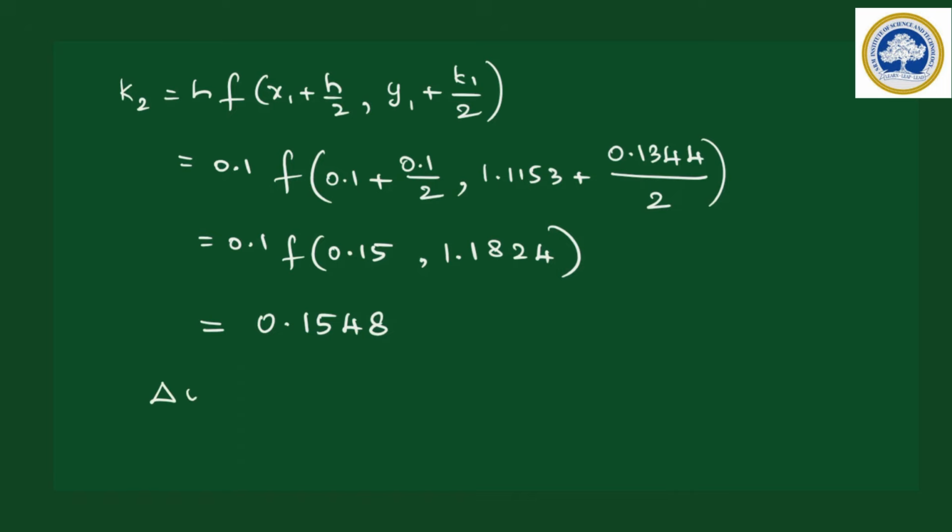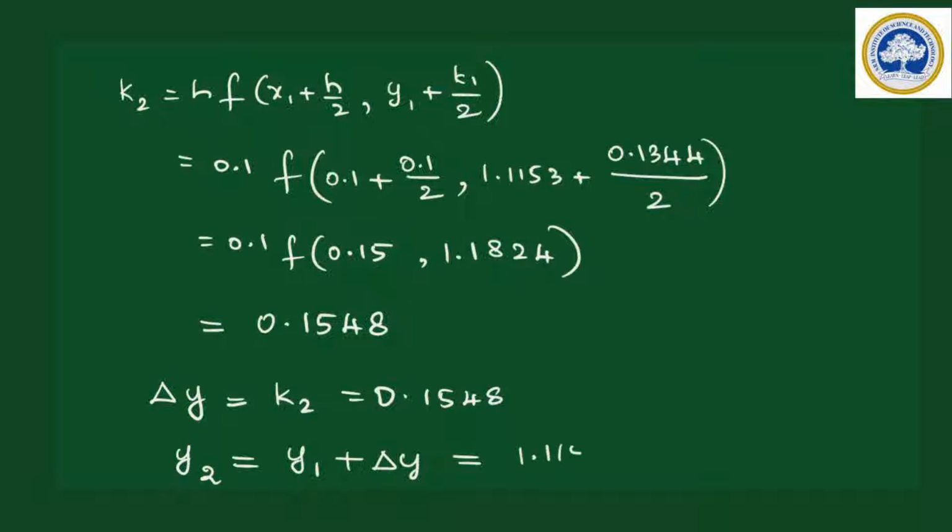Since this is k2, delta y is nothing but k2, which is equal to 0.1548. So finally, what is the value of y2? y2 is nothing but y1 plus delta y. What is y1 here? y1 is 1.1153 plus k2, the delta y, that is 0.1548.